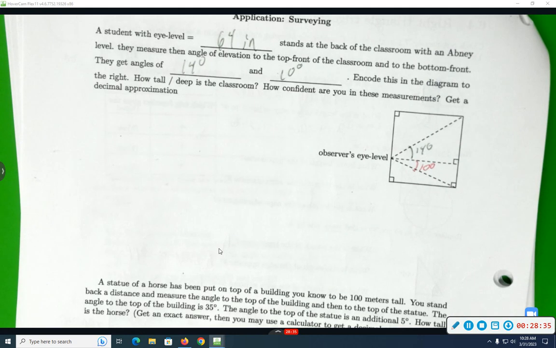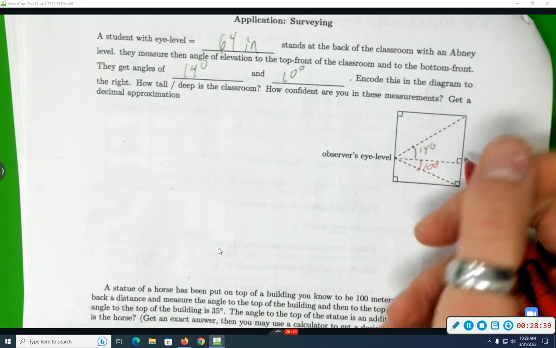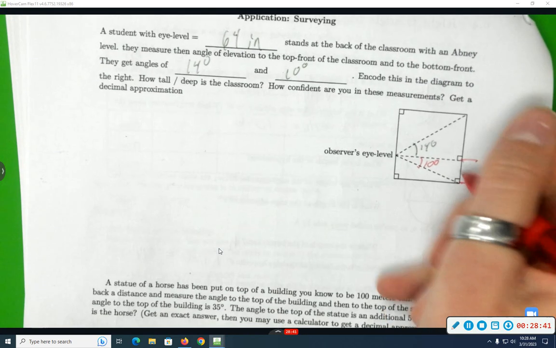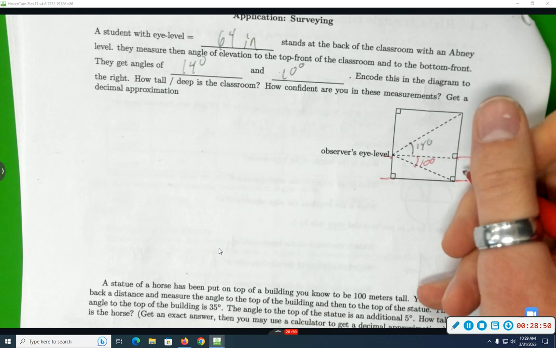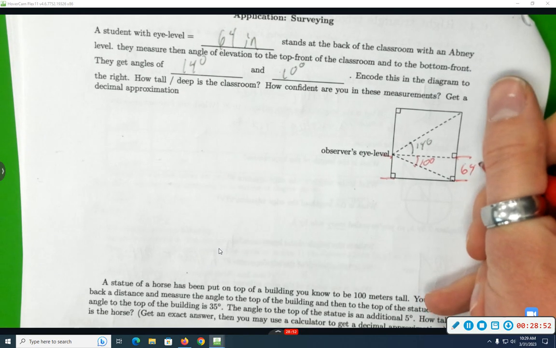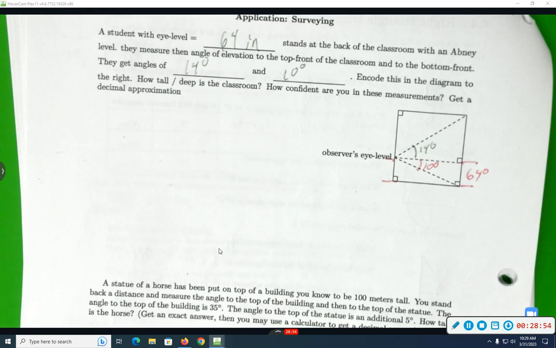Let's determine the height of this classroom using this information. So, I know your eye line, and this should be the same whichever end of the classroom you measure from, I'm pretty sure the whole of the classroom is close enough to that. That is 64 inches.